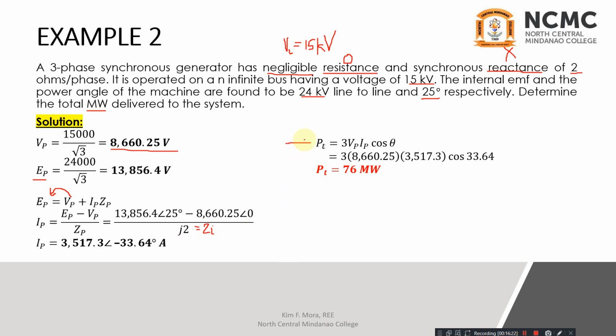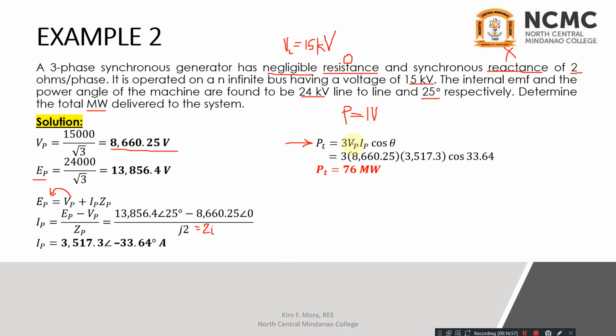Actually, I think this has already been discussed in your Circuits 2 about three phase AC. To determine power, it is equal to 3 times VI. In DC, power is computed as current times voltage.